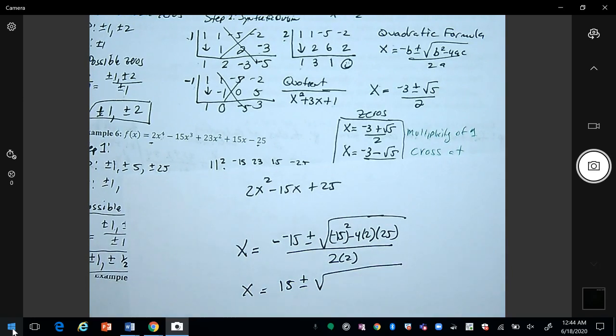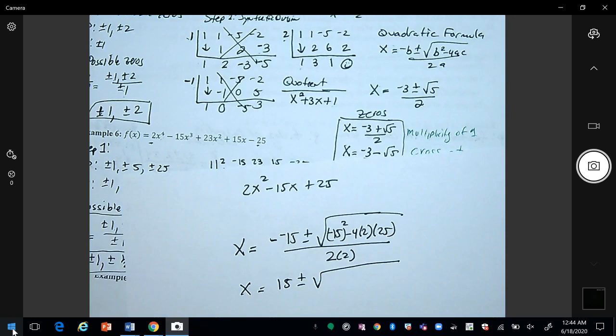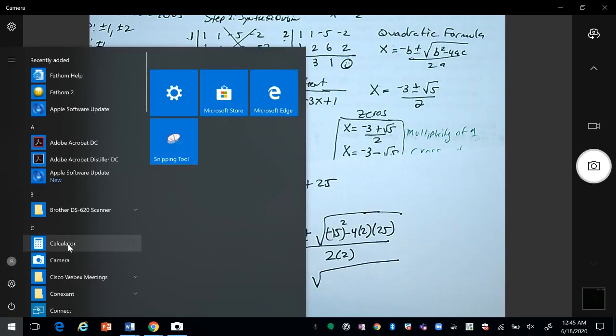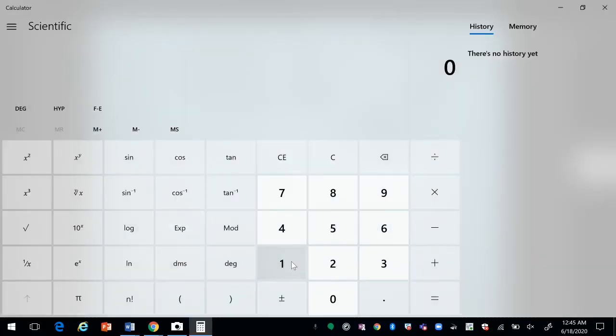Then we have 15 times 15, which is going to be 225, but let's double check. 15 times 15, 225.